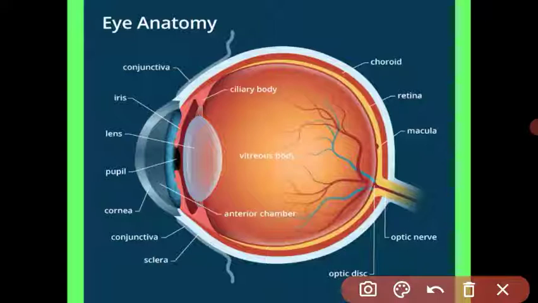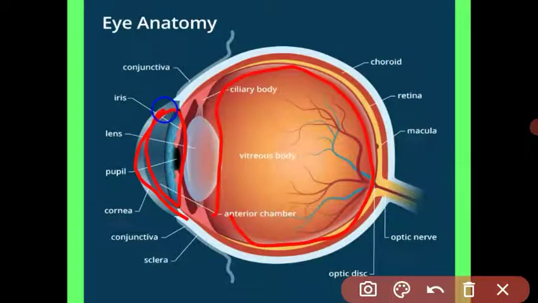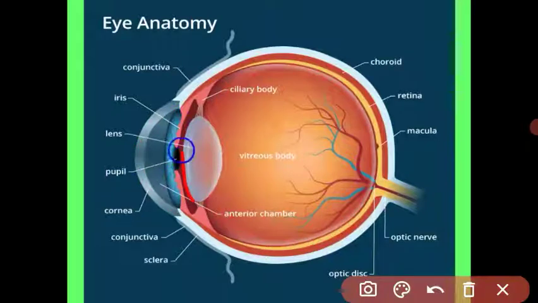I told you in the last video there are two chambers in the eye, this one and this one. This chamber is called the aqueous chamber, and it contains a watery fluid. The main function of this fluid is nourishment of the lens and protecting the lens from external shock. This fluid is called the aqueous humor. Understood?